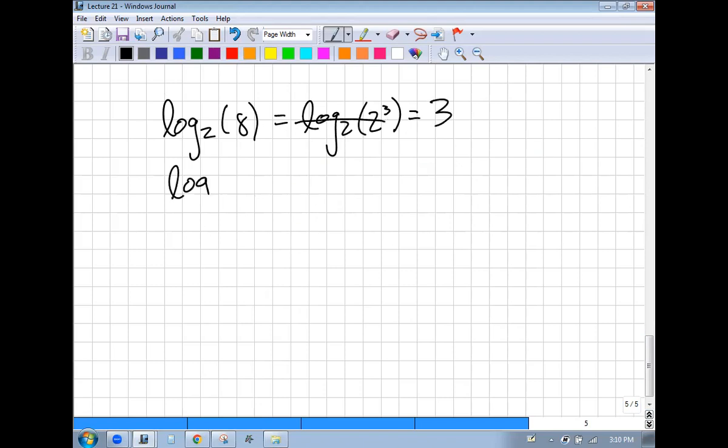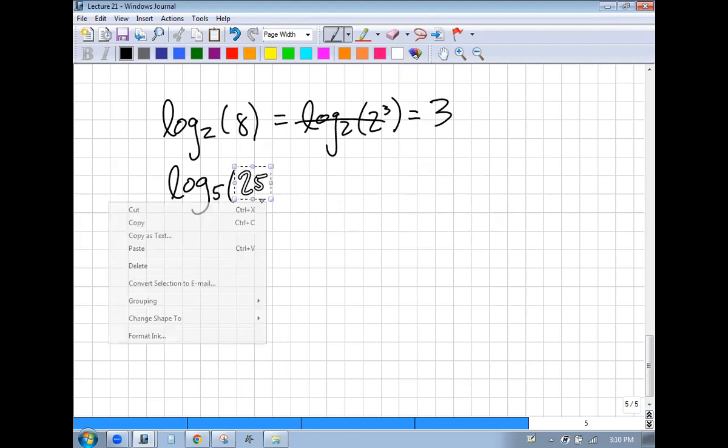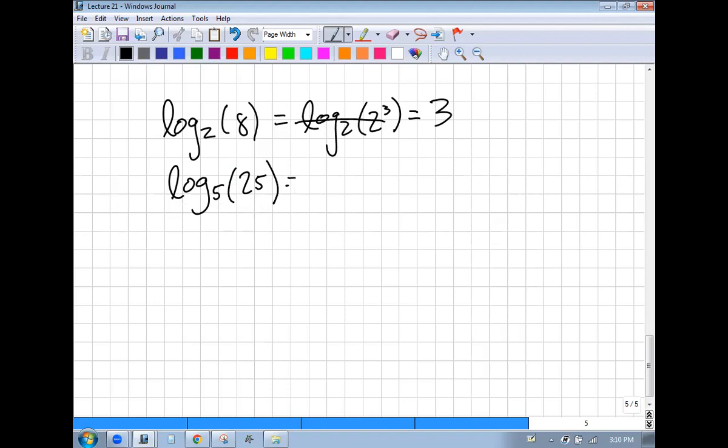So like log base 5 of 25. Well, this is asking 5 to what power is 25? Well, you can write the 25 as 5 squared. And then the log base 5 and 5 to the undo one another, and you just get 2. This is 2 because 5 to the second power gives you 25. All right.